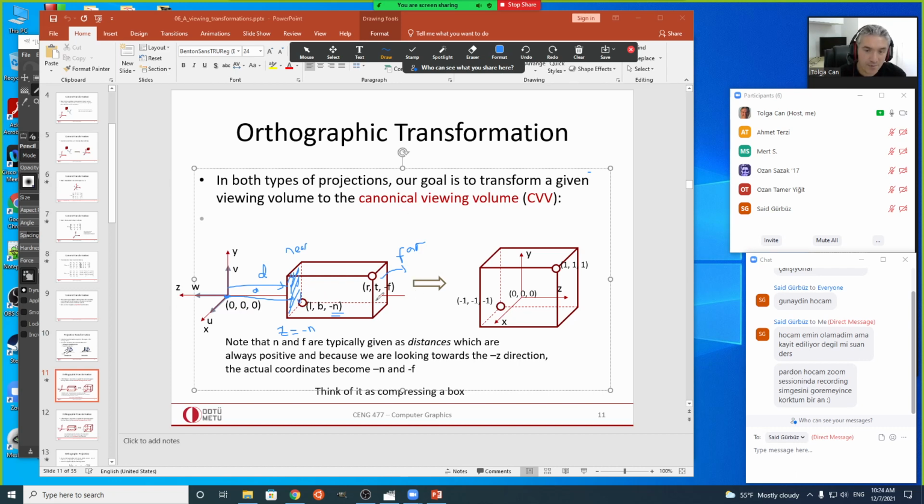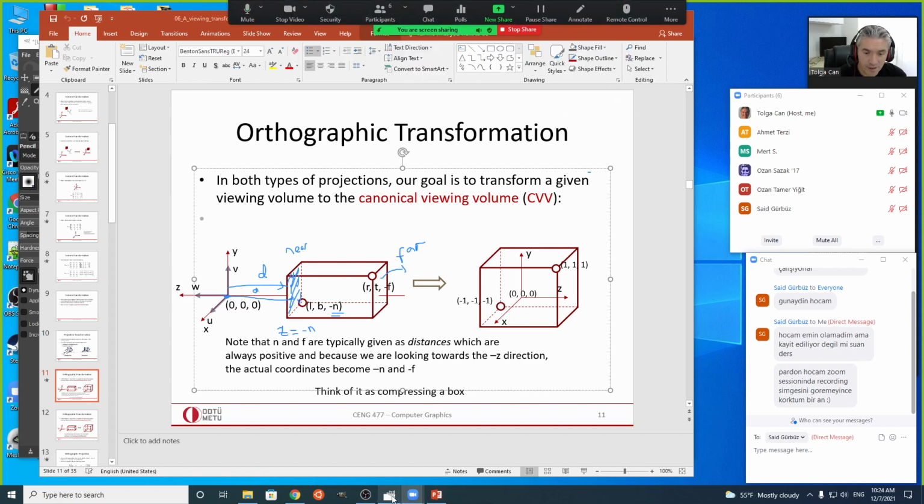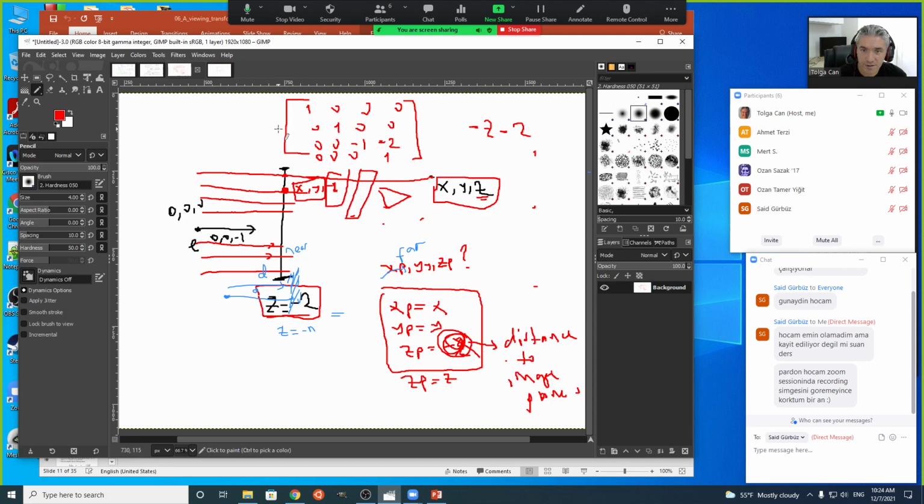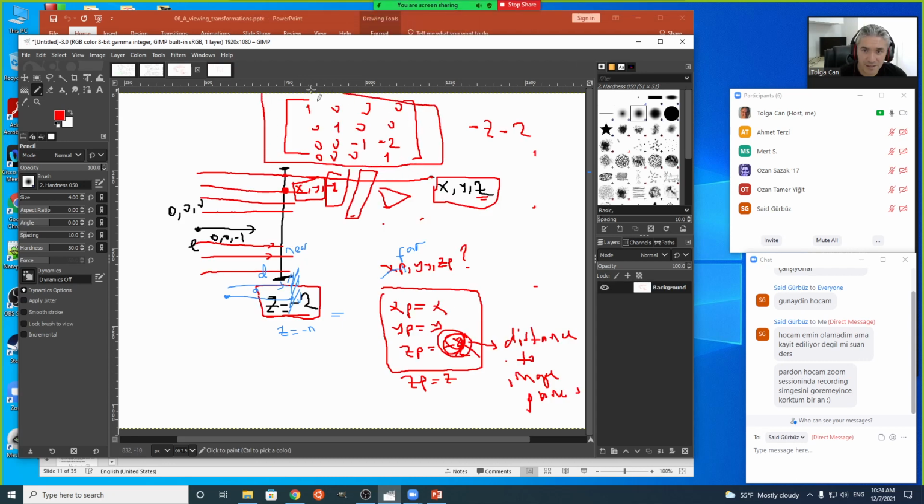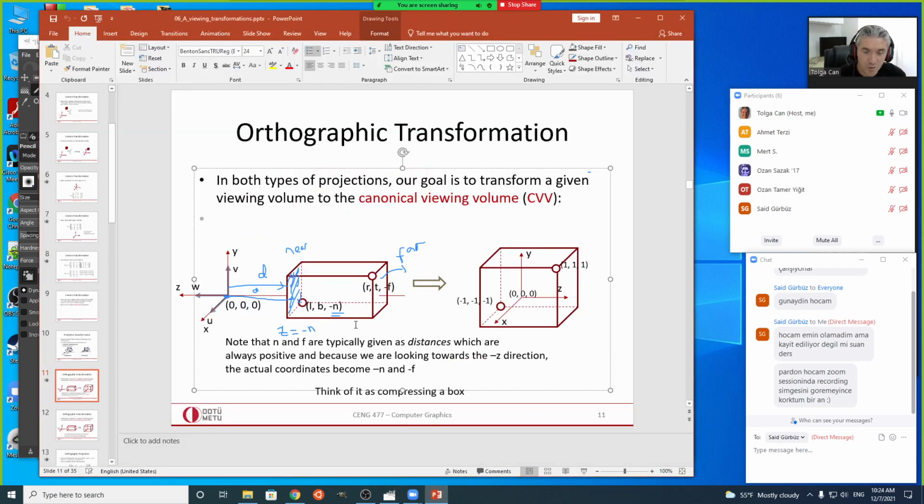Now, orthographic projection, in addition to being very simple, we have seen it here in this slide. Look at this matrix. Instead of just keeping the points like these, we are going to perform a transformation such that this arbitrary viewing volume, I call it arbitrary because this L, B, minus N, R, T, minus F are just dependent on the user's inputs, the parameters in our world coordinate system.